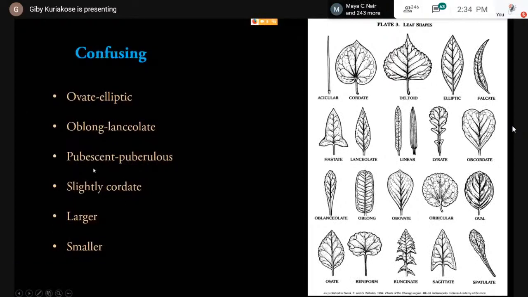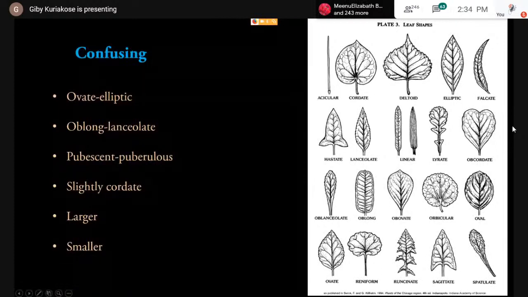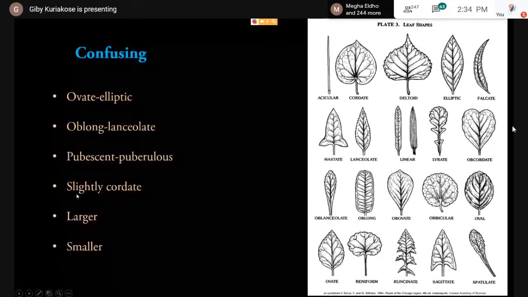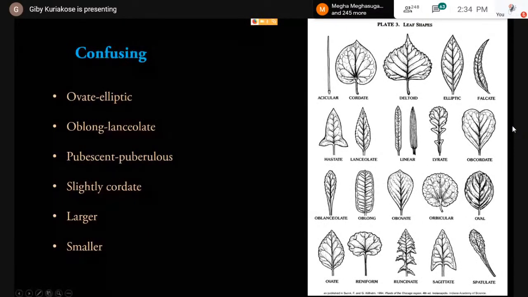Another thing is that when someone in the key says slightly cordate, like this is a cordate leaf, the base is cordate, we may not be able to understand what the writer of the key meant by writing slightly.